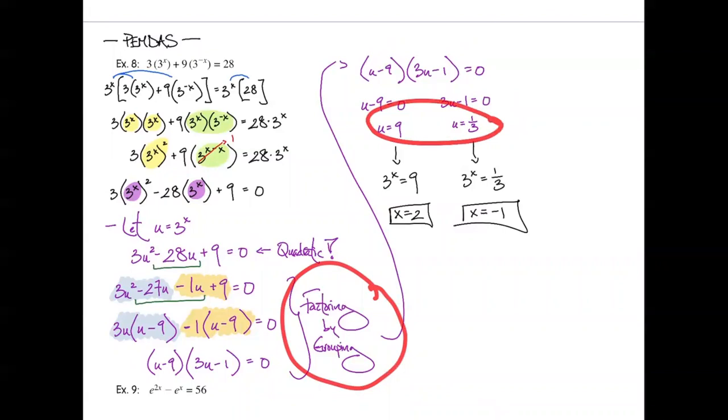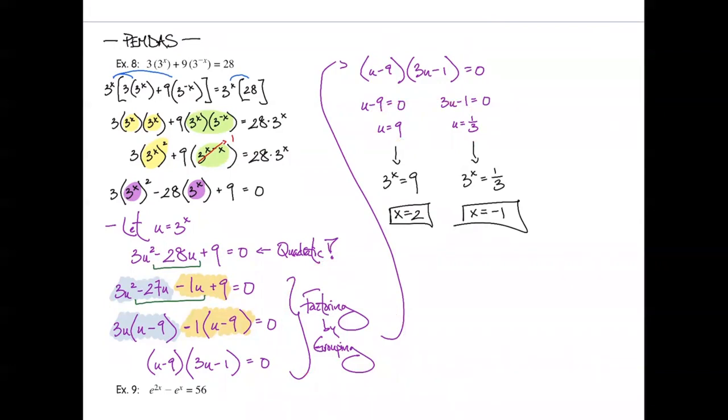Everything in the purple is in U land. But we had a question that was asked in X land, so we have to get back to an X equals as a final answer. And so we reversed our substitution and we were able to get values for X. That's the general flow when we see these quadratic equations. And I believe that there are some like this on quiz number 3.